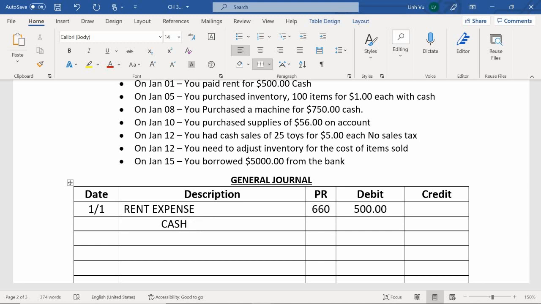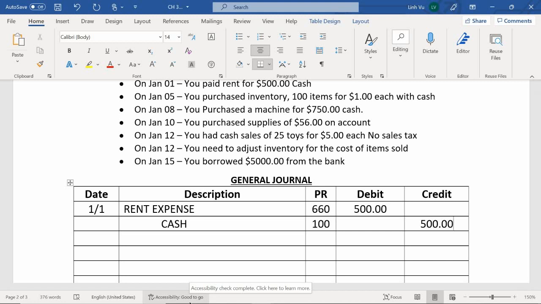I decreased my cash flow by $500. And there you go. I have my rule of thumb, which is my debits equal my credits. I put my debit first and I indented for my credit account. The date is there. Description is optional, but for now, I just want to make sure that you get this part first before we add any descriptions, okay?